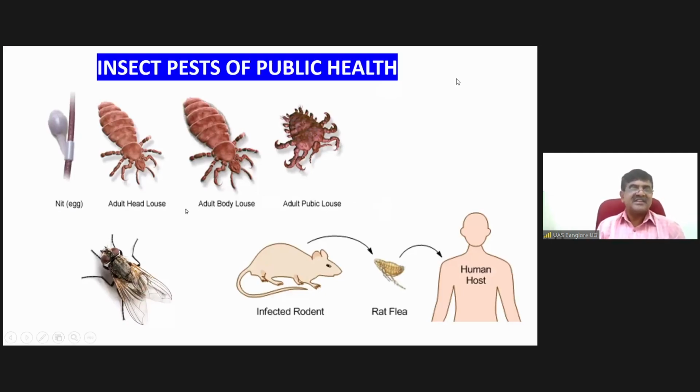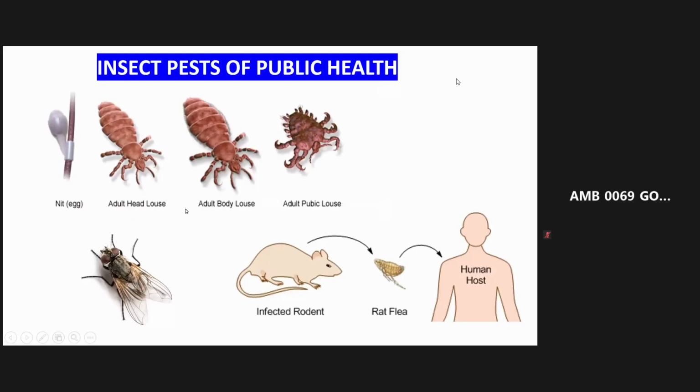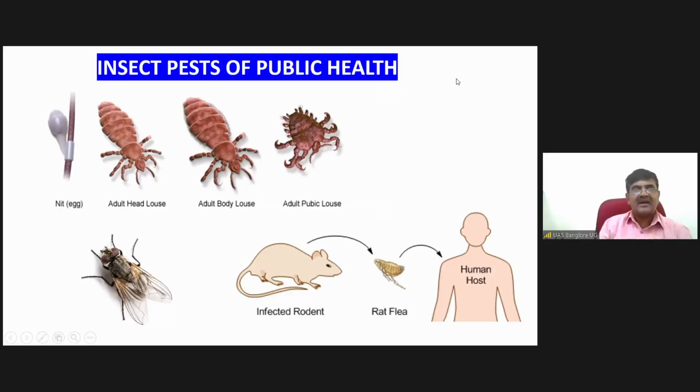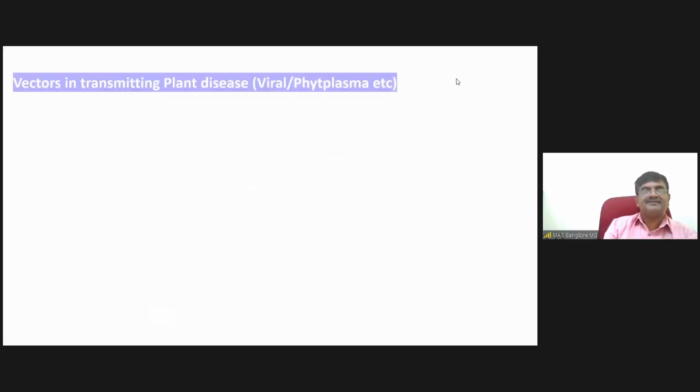These stay in the hair, body, or private parts, and they suck the blood and cause irritation. Similarly, the housefly also causes annoyance and spreads some diseases. Already I have talked about the rat flea, which transmits bubonic plague from infected rodents to human beings. Since these are pests of public health importance, we have to study entomology.